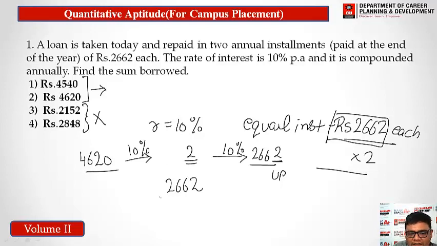So if I have paid 2662 out of that, then the unit place will remain as 0. Now again if I apply 10% on it, the unit place comes out as 2. So through this unit place method, we can say that our answer will be option 2, right? In this way we can apply that method through hit and trial or through the options also.